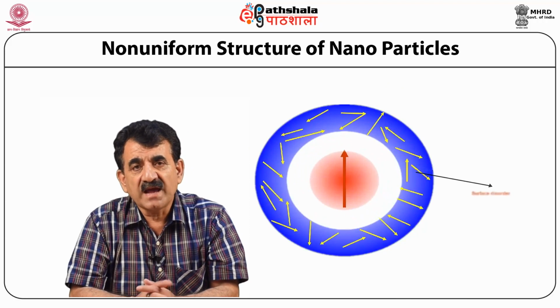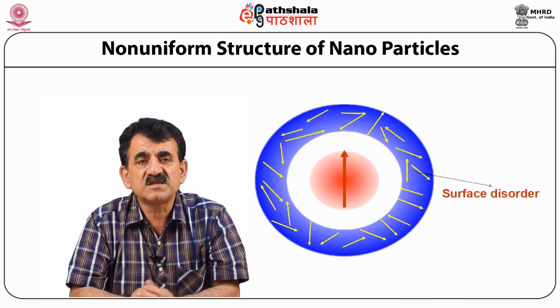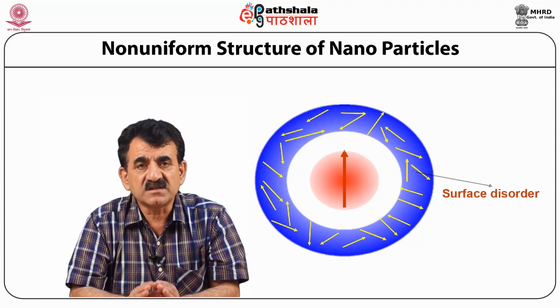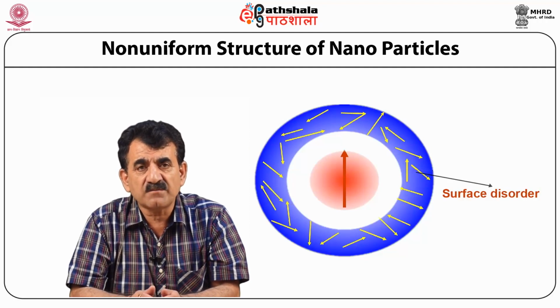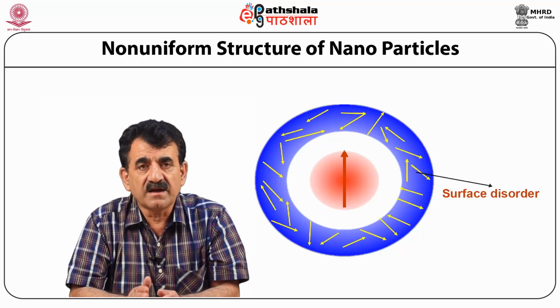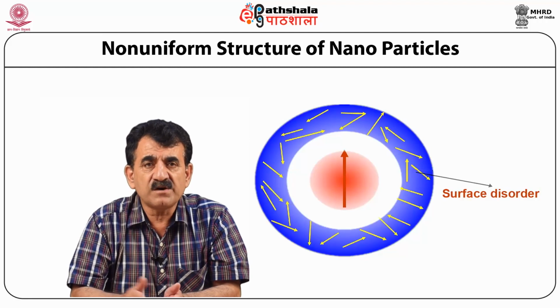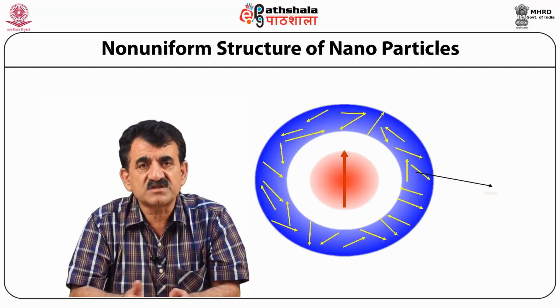In this figure, as we know, this central part which is shown by the arrow is the bulk. This is the bulk part, and at the surface there is disorder. What does this signify? Basically, when we go from bulk level to nano level, there is surface disorder.